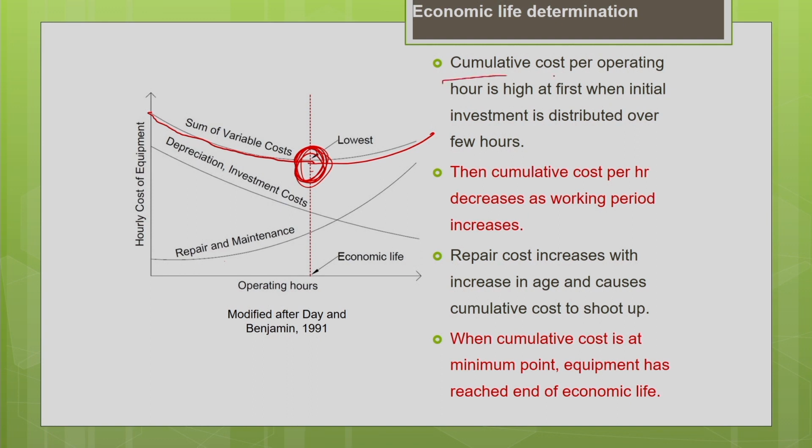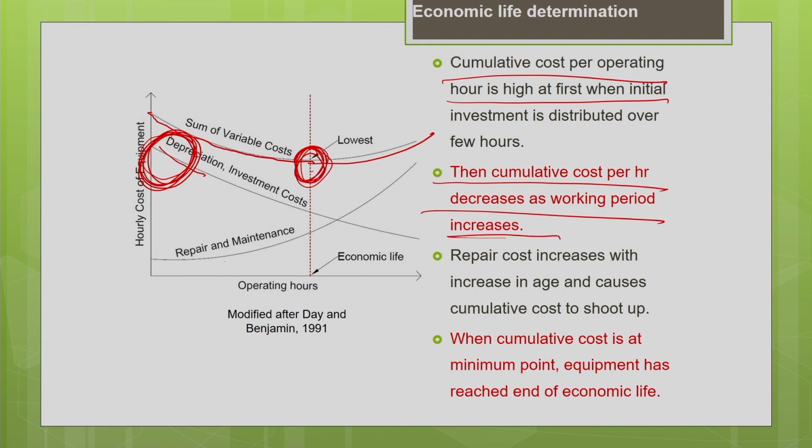The cumulative cost per operating hour is high at first when the initial investment is distributed over few hours. Okay, so you can see that when the initial investment is distributed over a few hours, the cost is high. Then the cumulative cost per hour decreases as the working period increases.